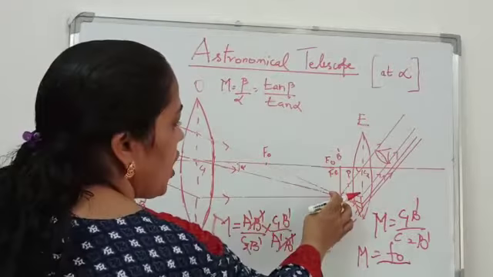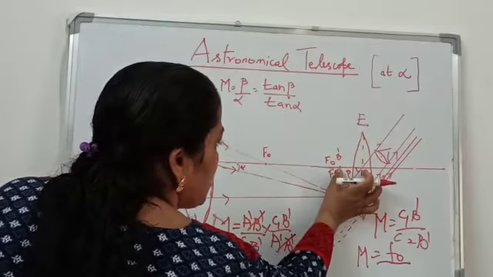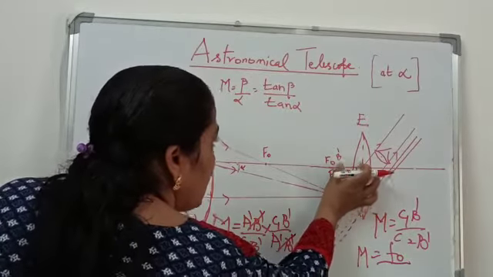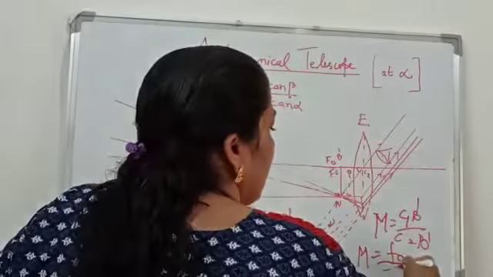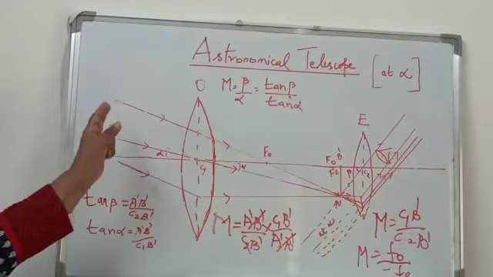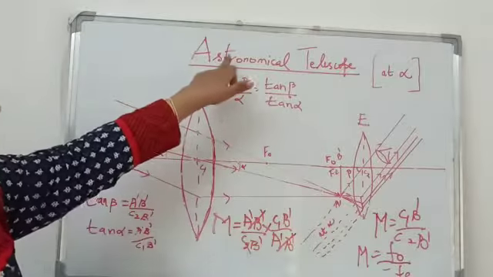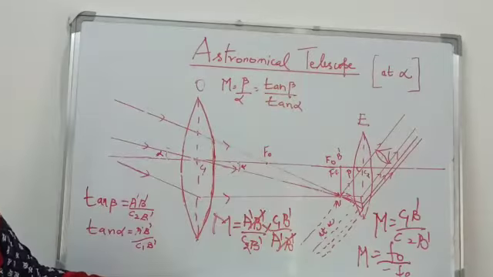Where do you place the object? It is placed at the focus. So this distance C2 B dash is the focal length of the eye lens, and since it is to the left, we mark it as minus FE. So this is the magnifying power of the astronomical telescope when the final image is formed at infinity.